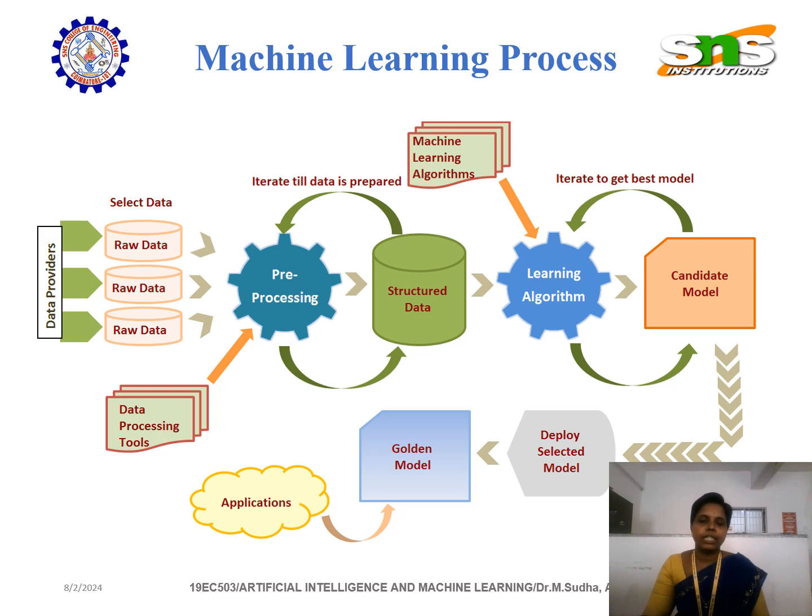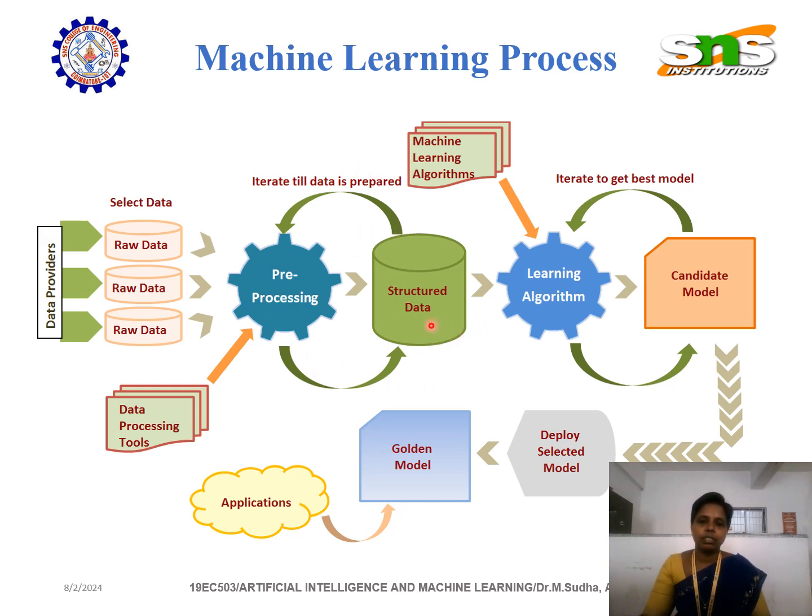It will map again with the raw data to find which data is suitable for our learning algorithm. Up to that it will do the iteration process, and it will go vice versa between pre-processing and structured data.